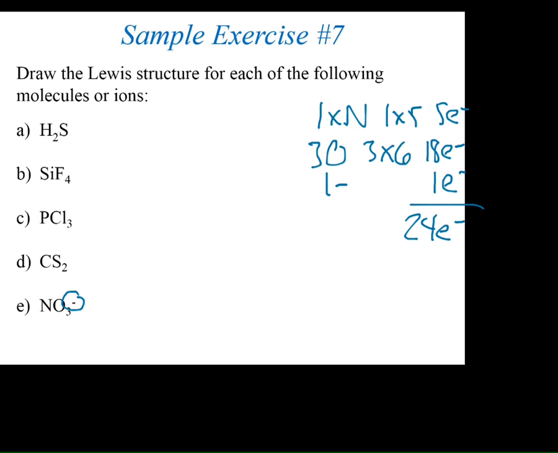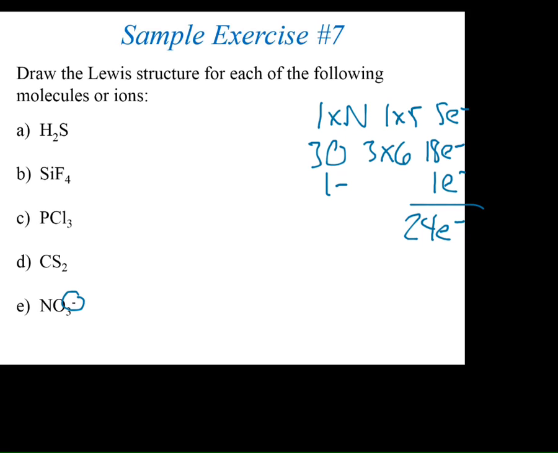So, again, I know you probably think, oh, it's negative, so you subtract an electron. But no, remember, negative means it actually gained an electron. So, if it was a positive number, let's say it was ammonium, NH4 plus. Oh, plus means it lost an electron. Then I would subtract 1 from the total. Or how about phosphate?